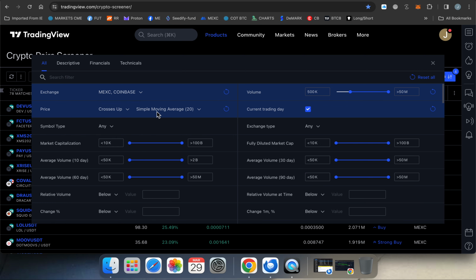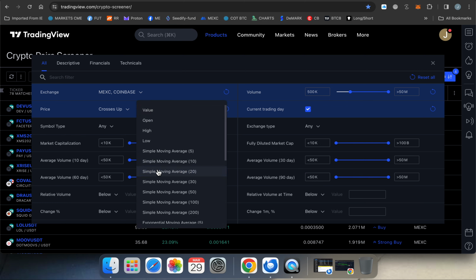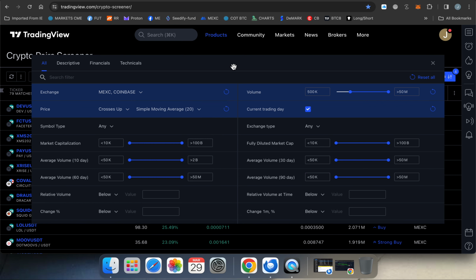That's what you want. And then right here, you click your simple moving average 20. I use an 18 ideally on my charts, but you can't change this, as far as I know, to a different time frame. So I just selected the simple moving average 20, and that's about close enough.